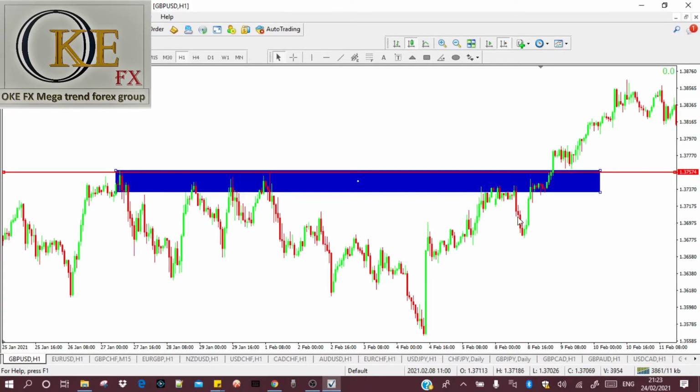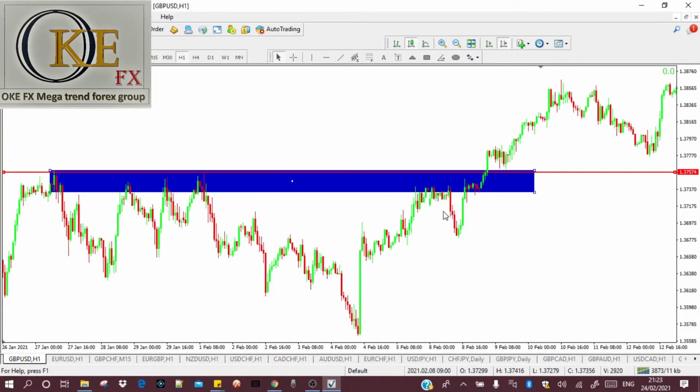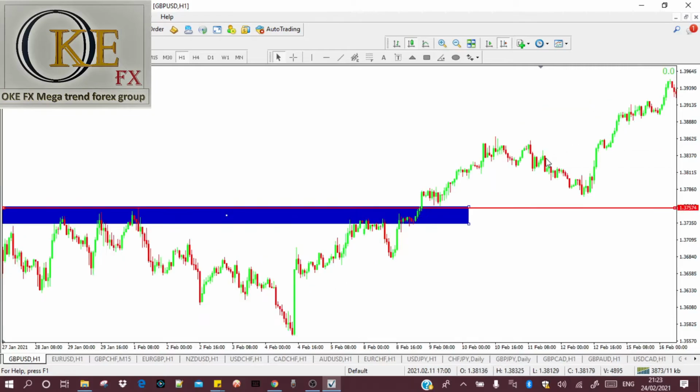Somehow it was able to build up until it eventually broke the zone, broke the line, and we know that at this point this place is no longer willing to hold. In fact, it still came back for some sort of retest, and from then, boom, it's bye-bye.